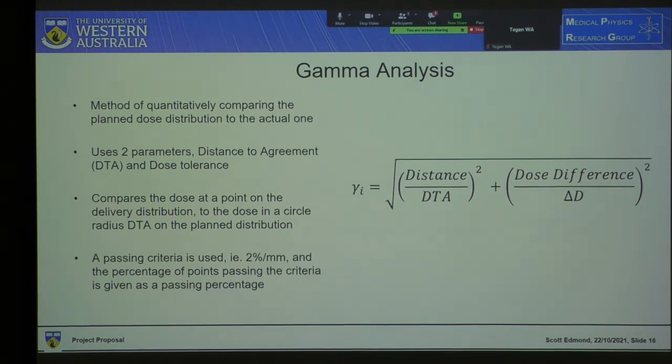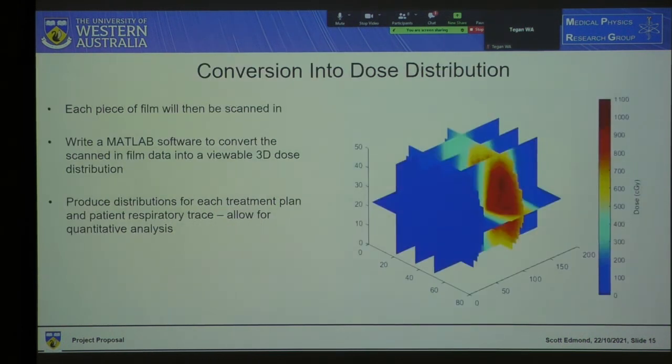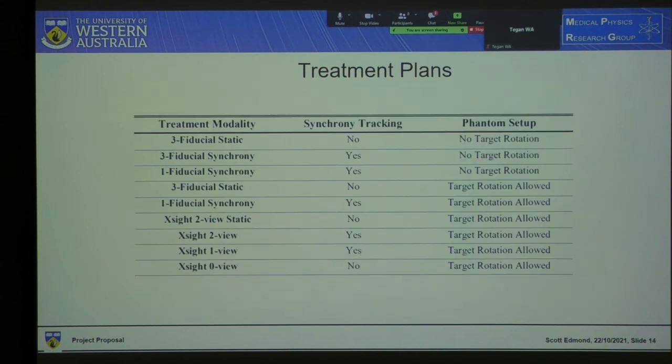For the 9 plans, are you only going to deliver them once? I believe so. That's what I think Thomas did in his initial one. We're planning to deliver them once per patient trace. I believe one of the criticisms of the original proposal was that it was restricted to 1 patient trace. So ideally we'd be doing this over multiple different patient traces to compare across.